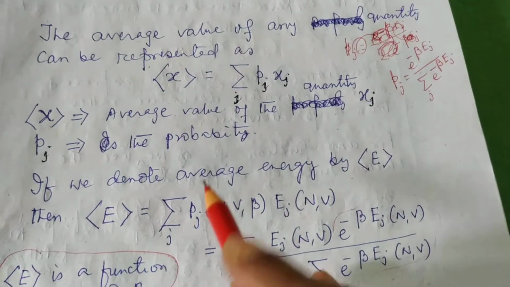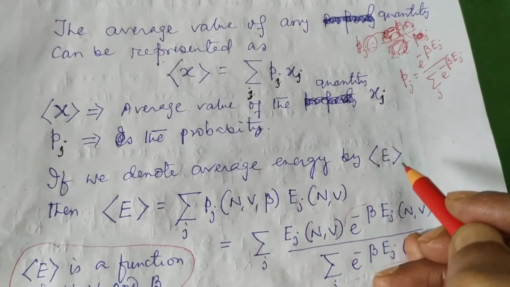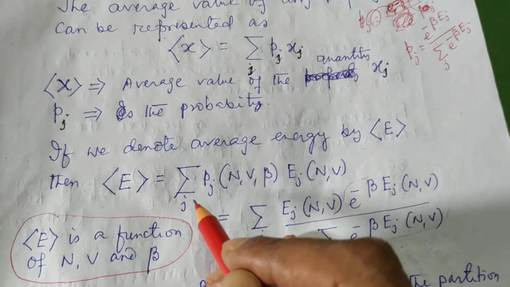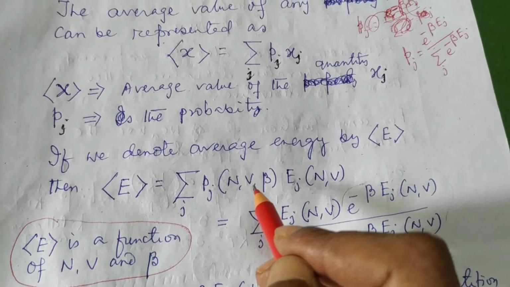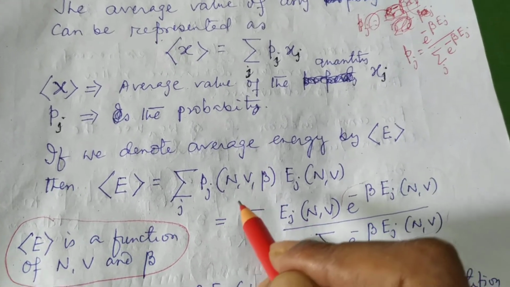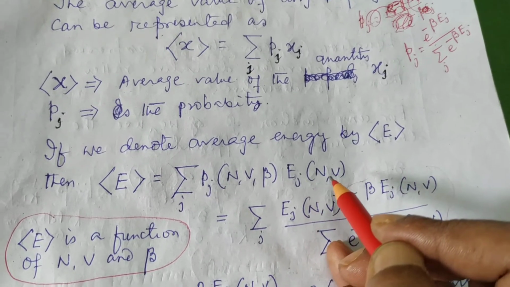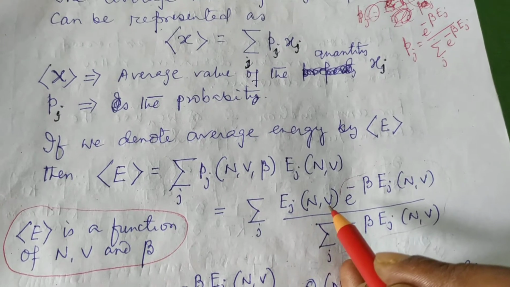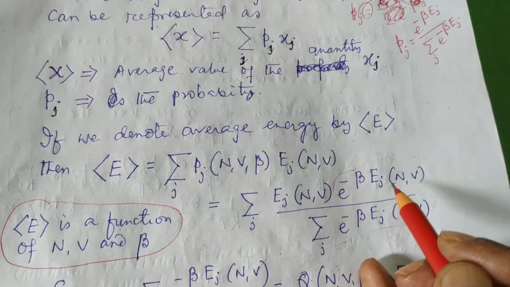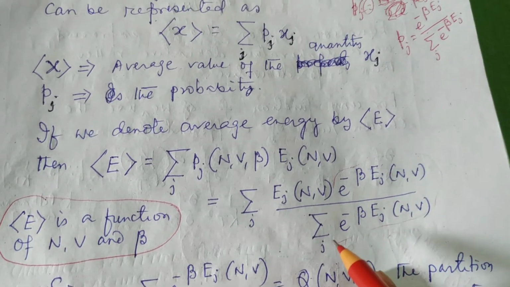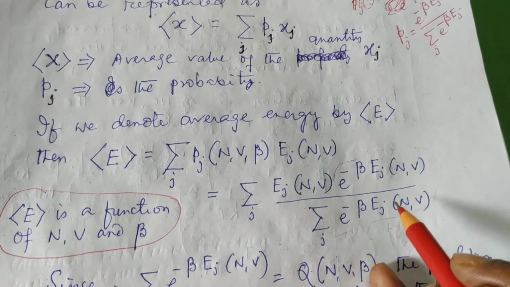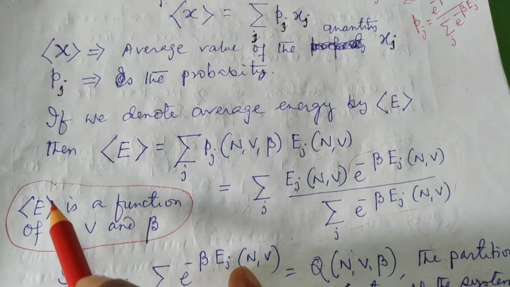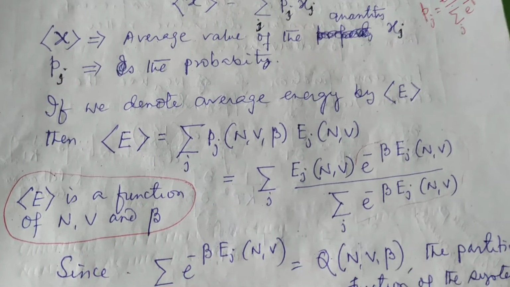Now if we denote average energy by E average, then E average equals the summation over j of Pj(N, V, beta) Ej(N, V), which is equal to the sum of Ej(N,V) e to the power minus beta Ej(N,V) divided by the sum over j of e to the power minus beta Ej(N,V). We have already said that average energy E is a function of N, V and beta.